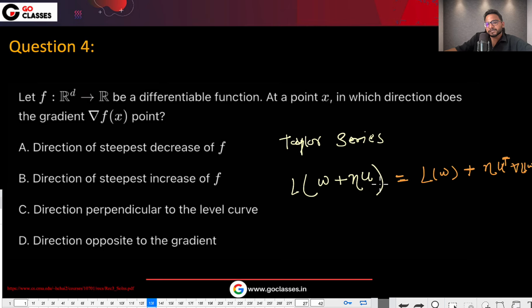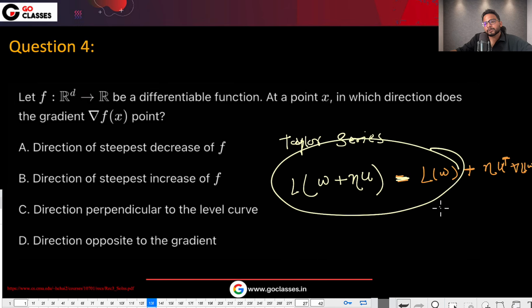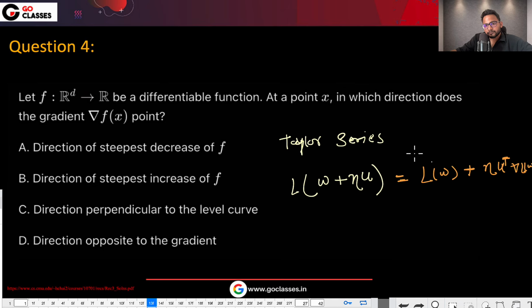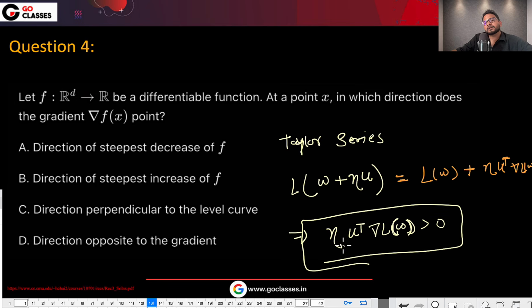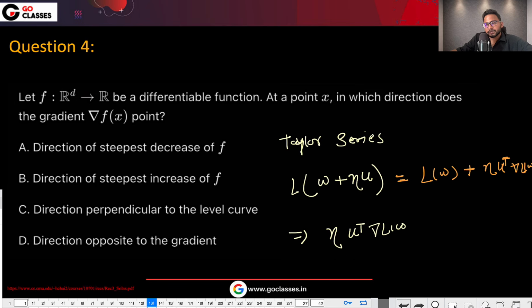Basically, if you want to know in which direction the function increases, then this new value should be greater than L(w). So if you subtract, the difference should be greater than 0. Let me write it step by step. L(w plus eta u) minus L(w) equals eta u transpose gradient of L(w). If you want increasing, you want this to be greater than 0. Since eta is going to 0 anyway, u transpose gradient of L(w) should be greater than 0.